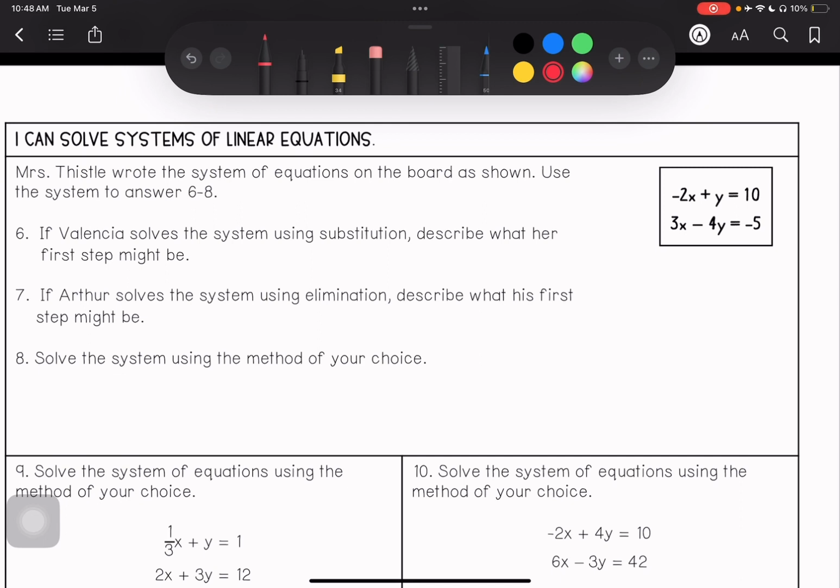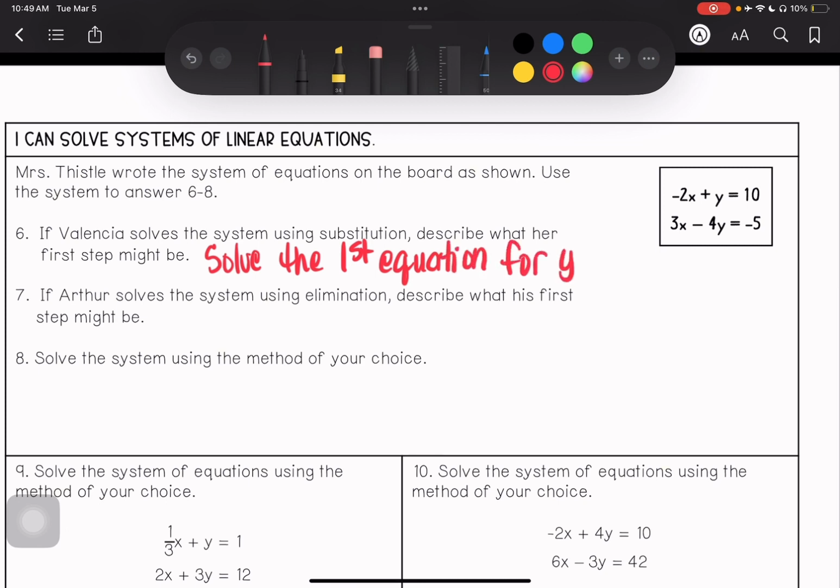Okay. So we look at these two. If I want to do substitution, I have to have a variable equal something in our first step. In this case, I don't have any variable by itself. So I would have to solve the first equation for y.